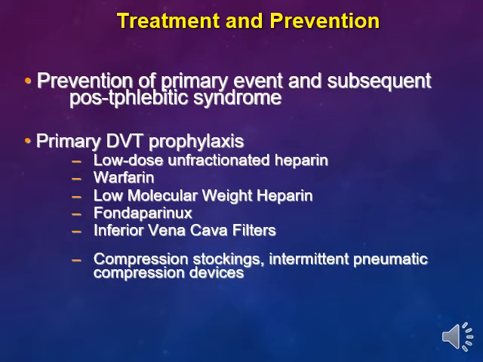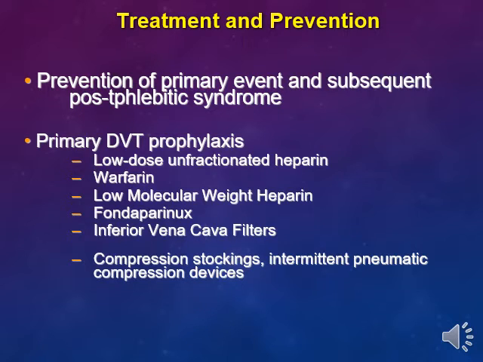But in moderate to high risk patients, we must use pharmacological treatment with low dose unfractionated heparin or low molecular weight heparin. And if the patient is high risk, we can extend the treatment by bridging with oral anticoagulation like warfarin. If the patient is not responding to unfractionated heparin or low molecular weight heparin, we can use ultra low molecular weight heparin like fondaparinux as prophylaxis.